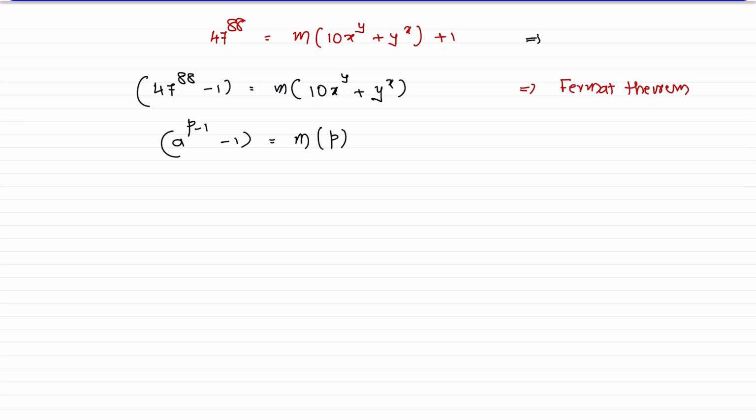I am writing in simple mathematics, not using mod and others, so that it can be understood easily, so that you can easily collect the concept. Provided here p is equal to prime in this equation.